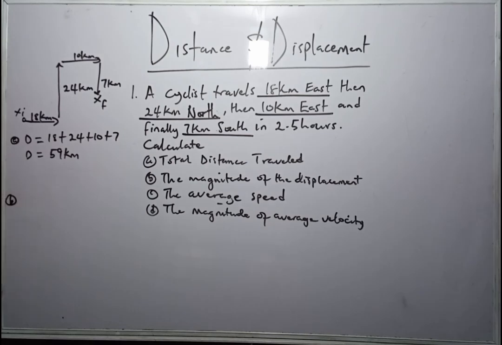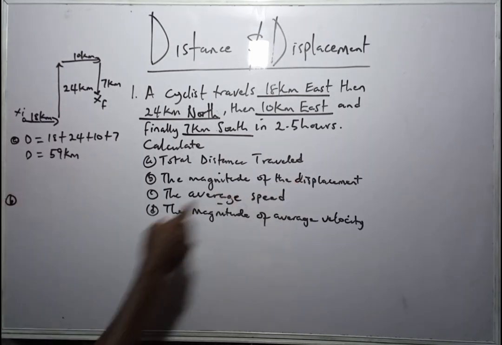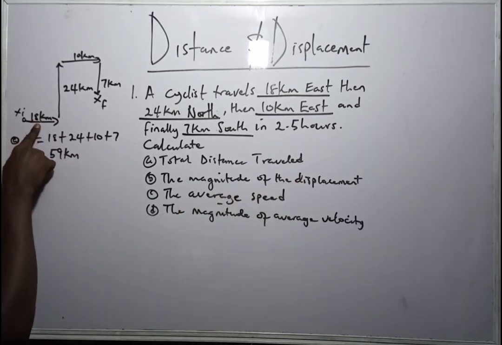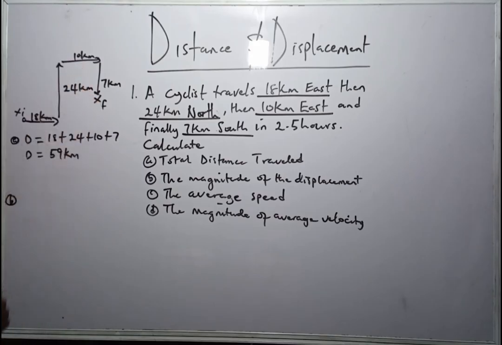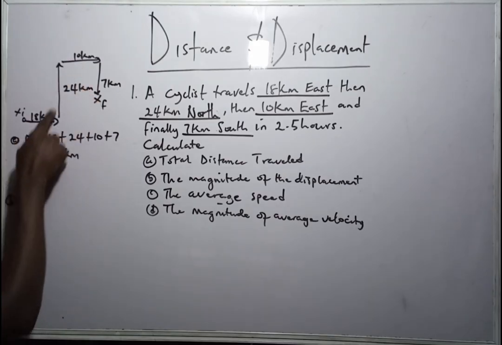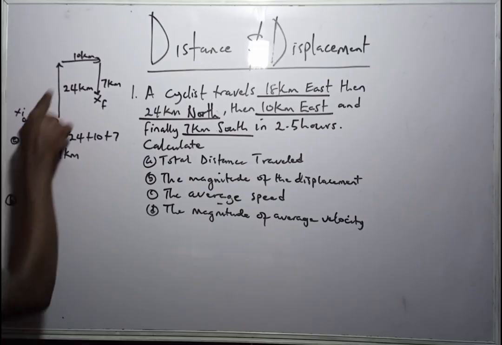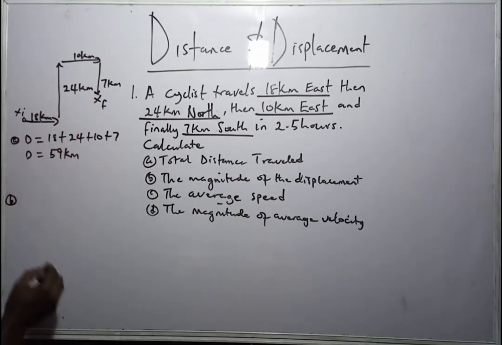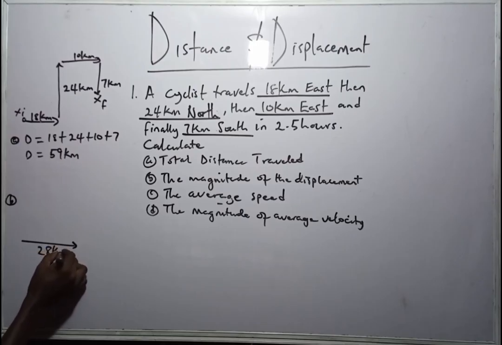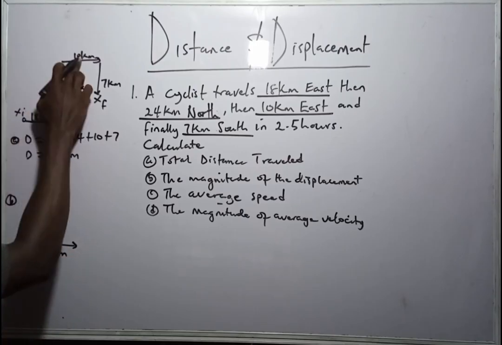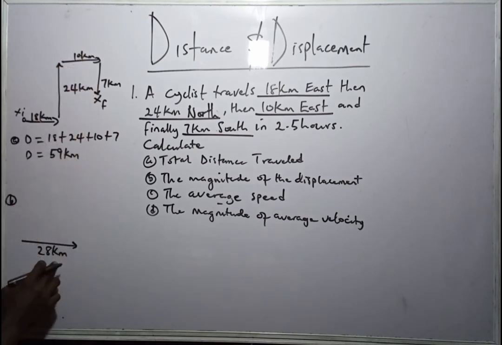That's it. Now to calculate the displacement, you have to resolve 18 and 10 into a single journey because they are both traveling in the east direction. So you are going to combine this 18 and 10 together, and that will give you 28 kilometers.